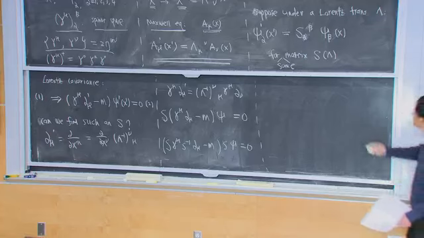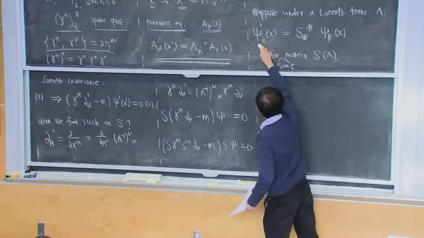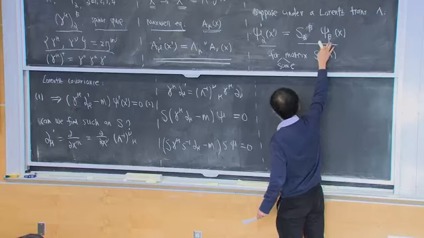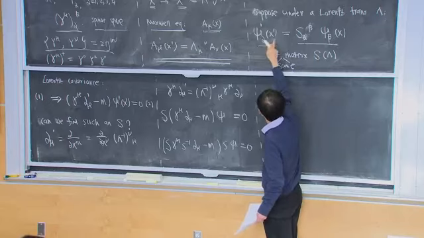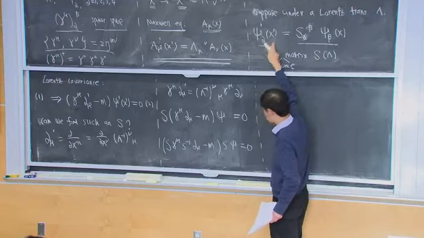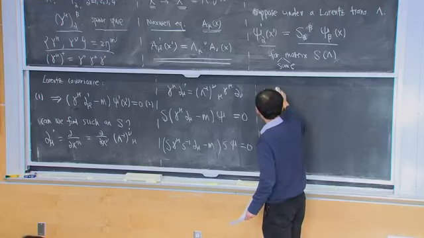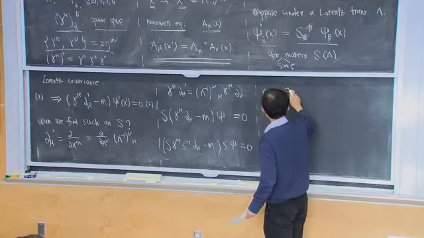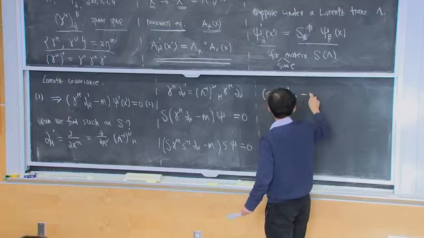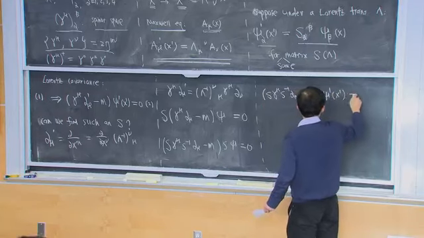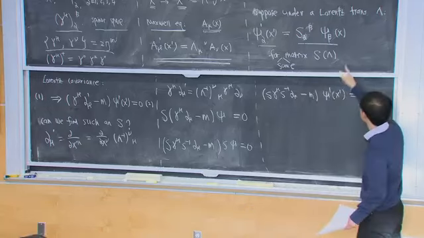Now we can use the fact that S times psi is just equal to psi prime of x prime. So we get S gamma mu S minus 1 partial mu minus M, acting on psi prime of x prime, equals 0.